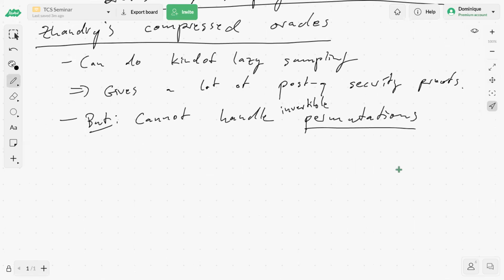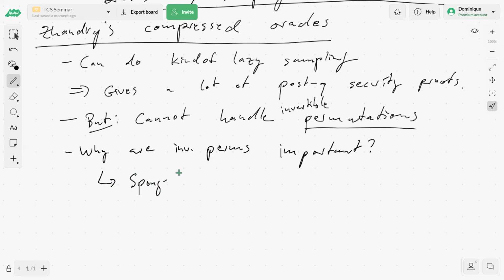Okay, so why are invertible permutations important? Well, one example that I'm also studying in this work is the security of the sponge construction. The sponge construction is a construction for how you build a hash function out of a block function that takes n bits to n bits.